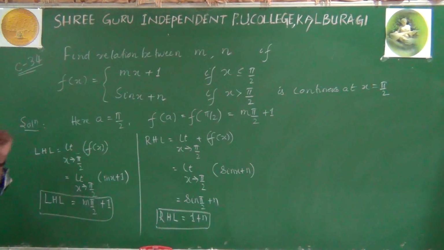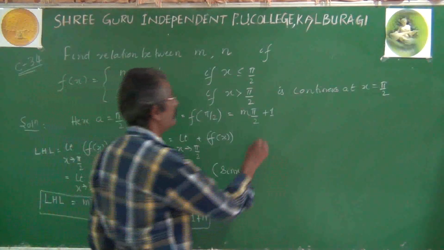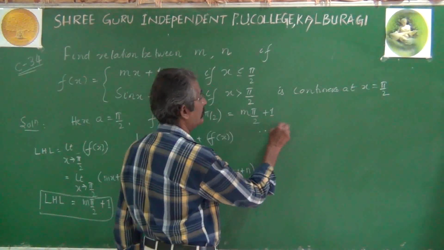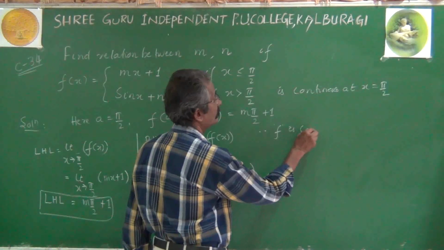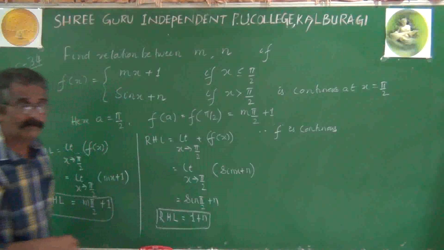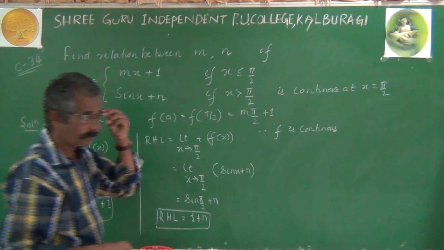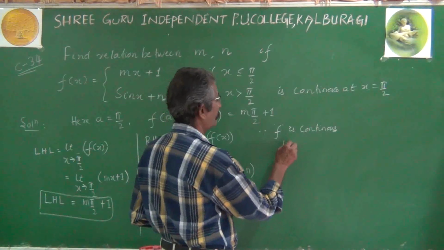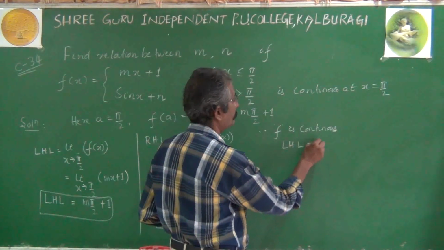Now since the function is continuous, naturally LHL must be equal to RHL. Since f is continuous, the left hand limit must be equal to the right hand limit.